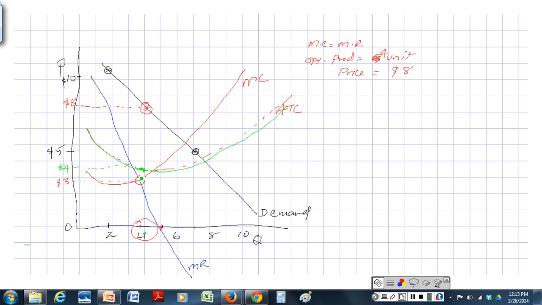Well, you can produce it at $4, and then you can sell it at $8. So we could say 4 units produced at an average total cost of $4 and sold at a price of $8, right? So right here, this is the profit they are making. This is an economic profit.